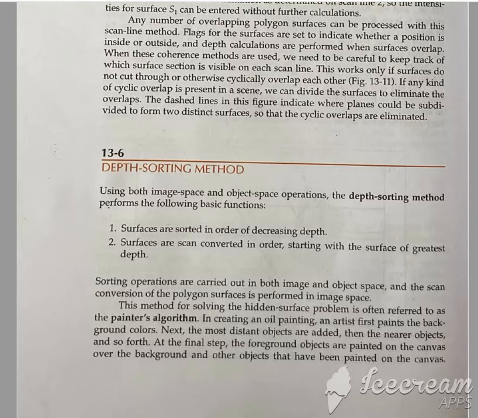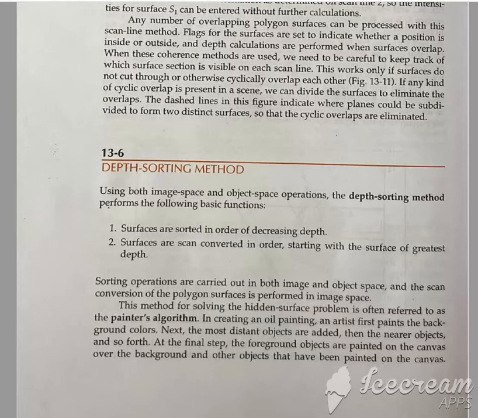That is, when creating an oil painting, an artist first paints the background colors, then the most distant objects, then nearer objects, and so on. At the final step, the nearest objects are painted on the canvas over the background.